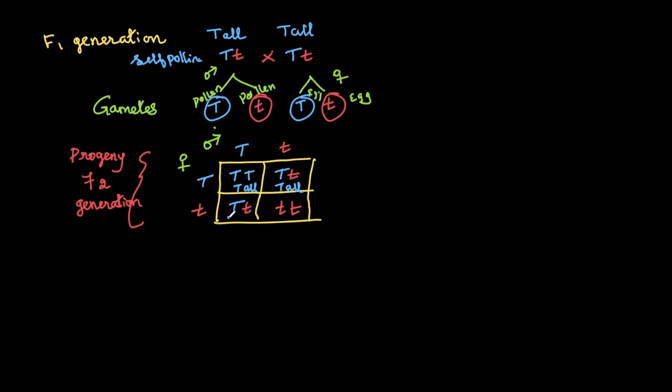This heterozygous is also tall, but here it is small t, it is becoming short, because the recessive character is expressed only in homozygous condition. So small t will give the short plant.